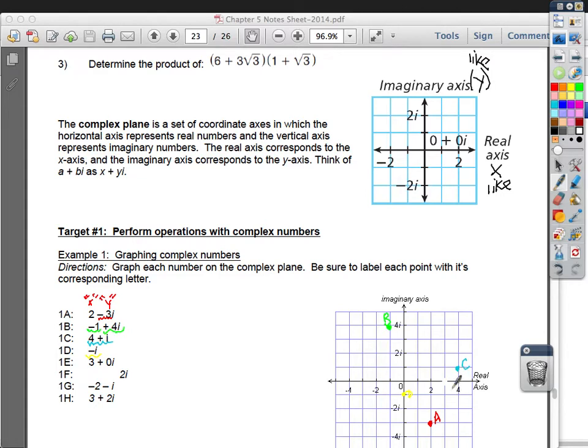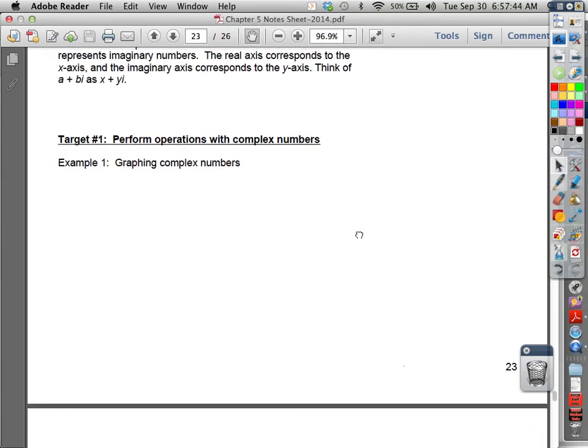Yeah, I just graphed in white. You can't see my answer. Get on my level. Okay, that's the first part. Good job. You graphed a complex number on the complex plane with labels. I'm proud of you. Take a look at the second part here, my friends.